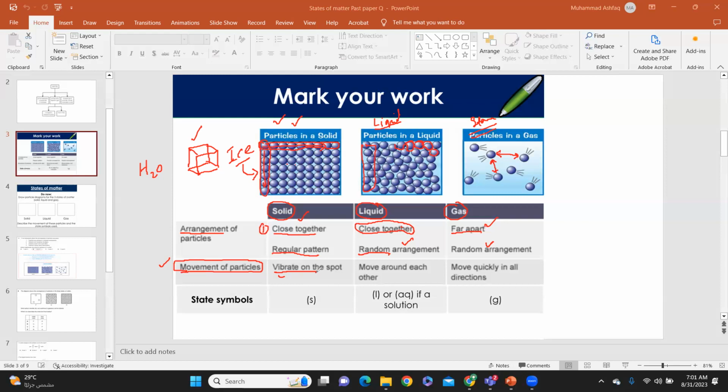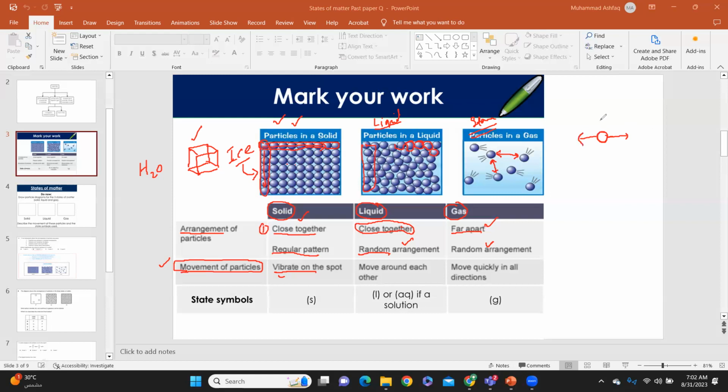Try to understand this concept of vibration. Why during vibration do they not change their place? Look, my dear students, for example, here is a ball, or you can say a particle, and it's vibrating. It vibrates from left to right, equal distance.